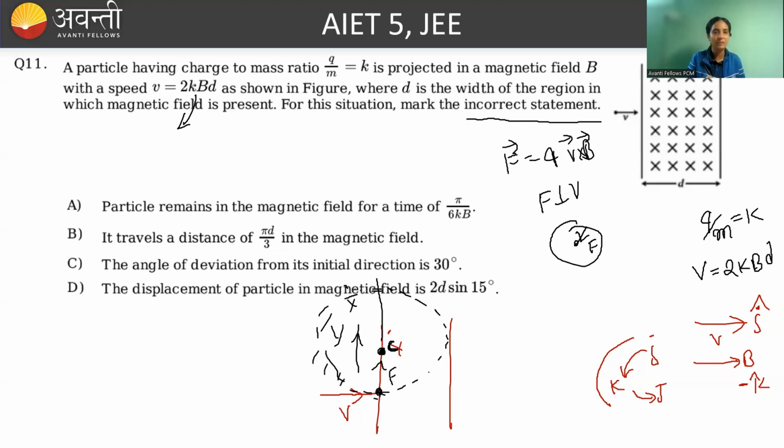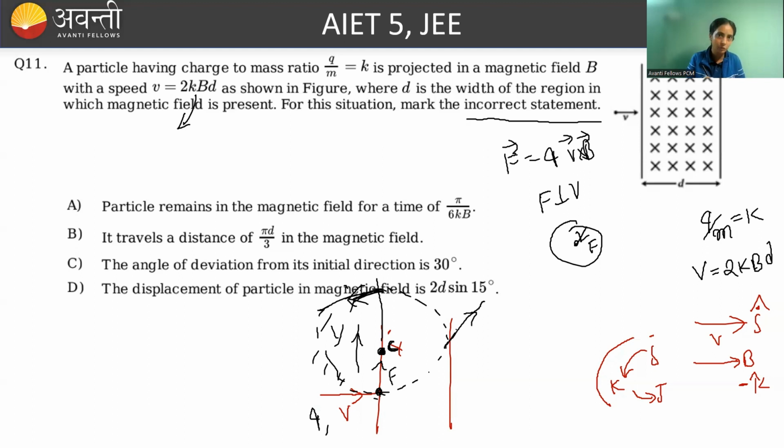So no question of a complete circle. But there is a question of this charged particle either coming out on the same side, coming out here like this, or the charged particle not coming out, crossing the other side like this. So these two cases are possible here.